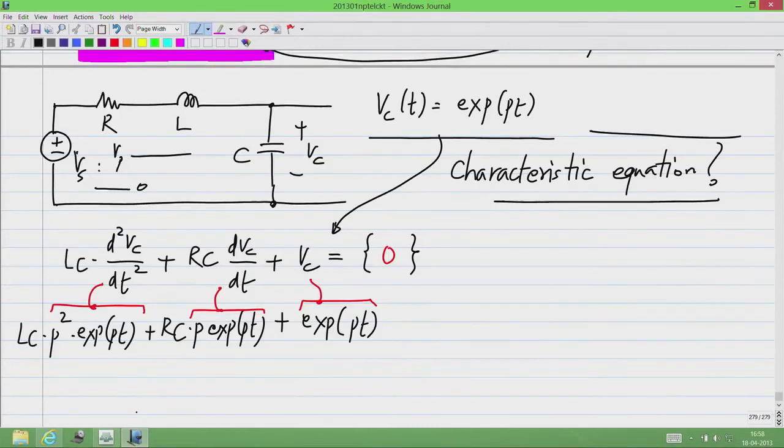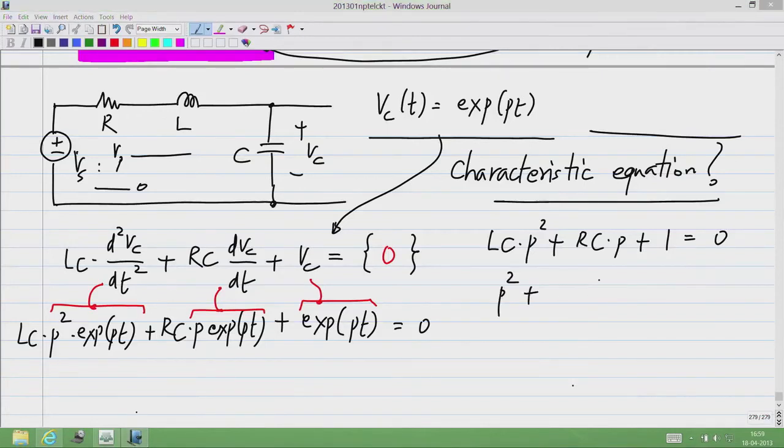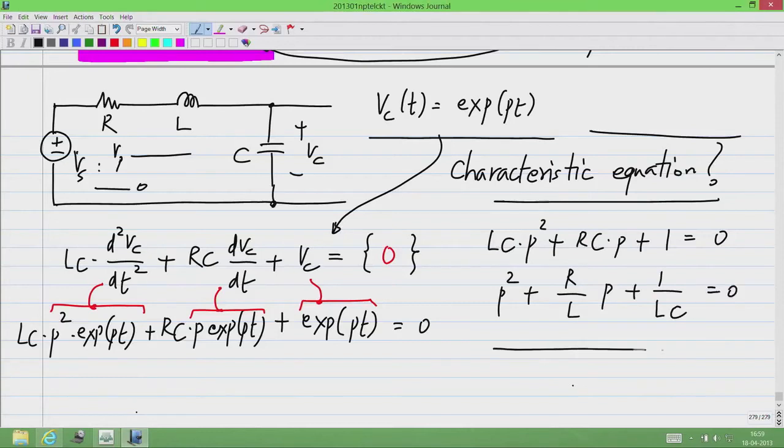and the right hand side is 0, and by cancelling this exponential Pt, I will get LC P square plus Rc times P plus 1 equals 0. Alternatively, it could also be written as P square plus R by L times P plus 1 over LC equals 0.